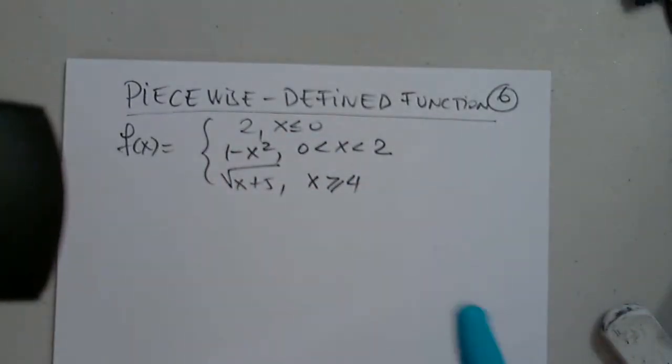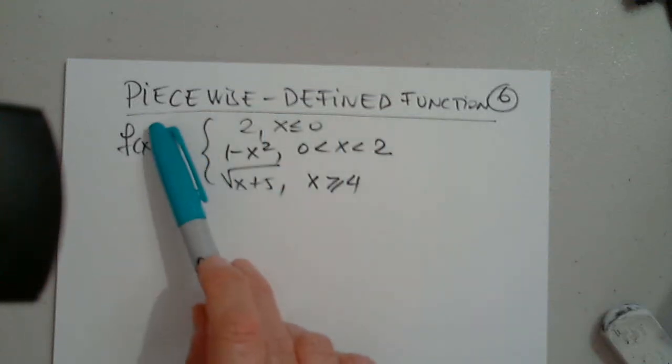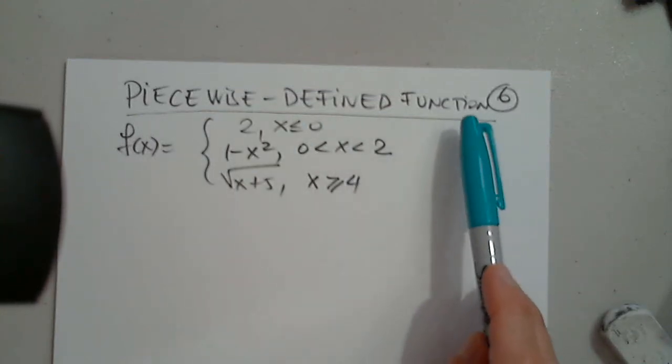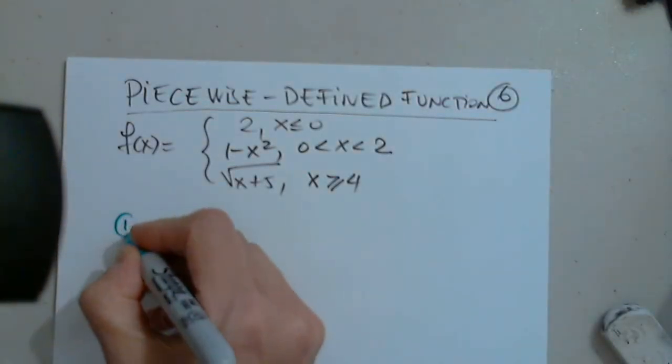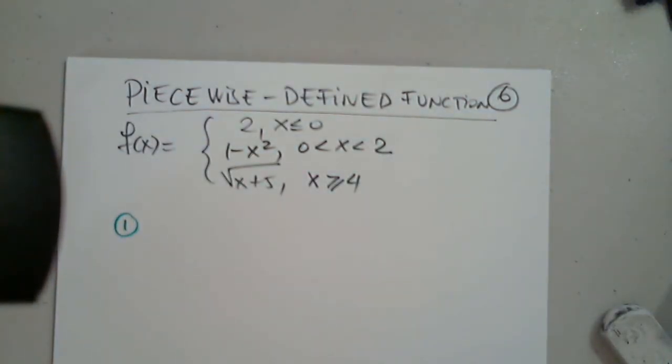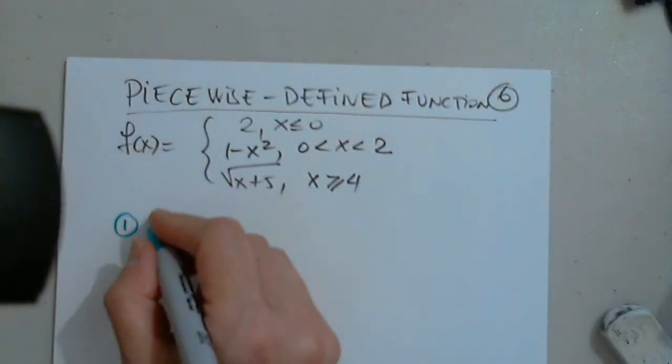So every time I'm asked to graph a function, piecewise or otherwise, doesn't matter, first thing I have to determine is which function is going to go? There are 3 different functions. So when we graph a function, we always have to start with the domain.